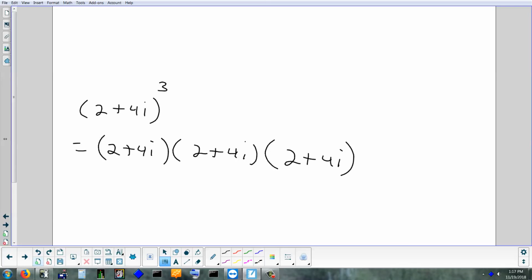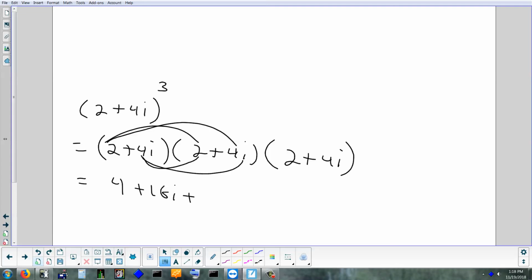And now, to do that out, we have to FOIL it twice. I'm going to start with the first two, and then I'll come back and do the last one after. So 2 times 2 gives me 4. 2 times 4i is 8i, and then another 8i. So 8i plus 8i is 16i.